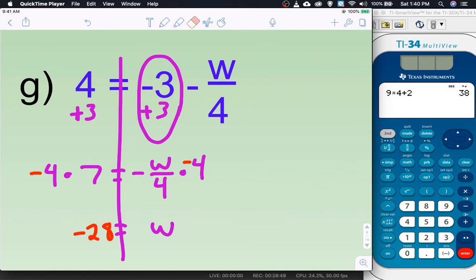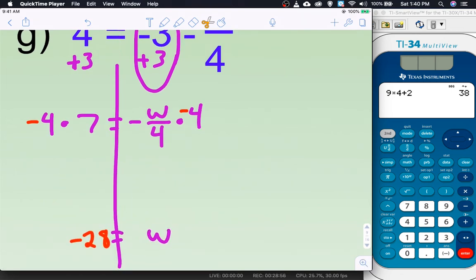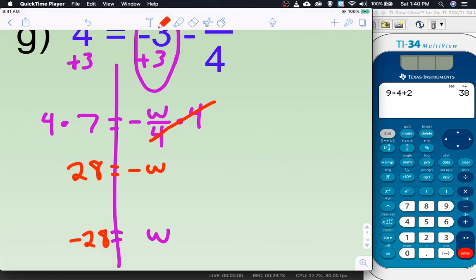Now, let's play pretend here for a second and say that you didn't do that. Let's say you just multiplied by 4. Let's see how this would play out. So you would still have a -w. This 4 and that 4 would cancel. On the left-hand side, when you do this 4 times 7, you will get a +28. And go, well, how the heck do I get rid of this -1?